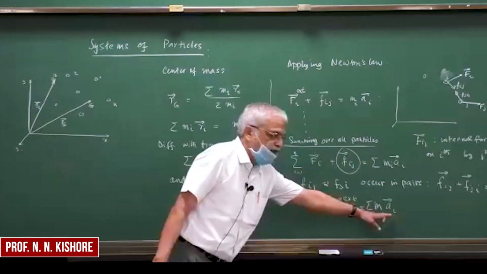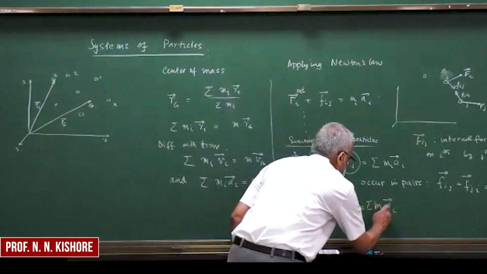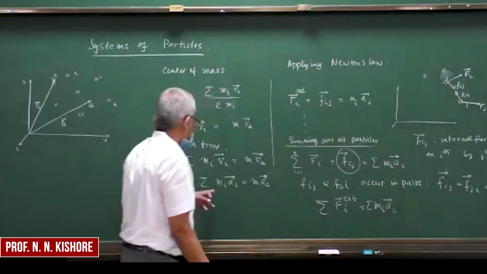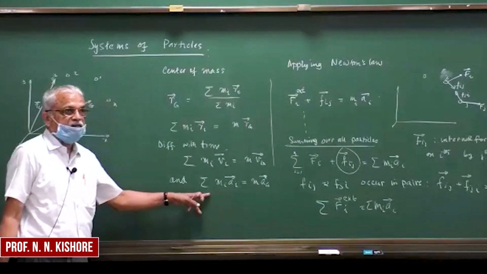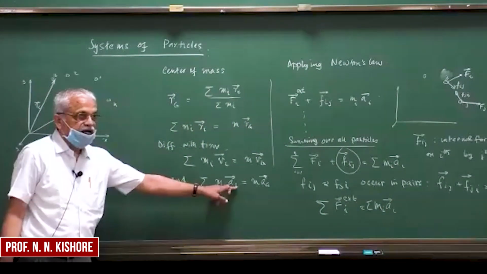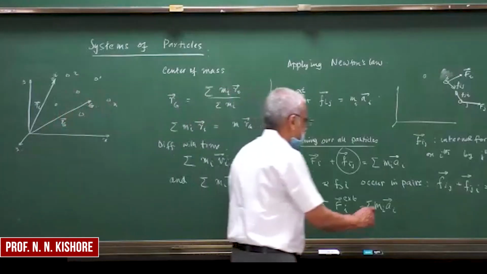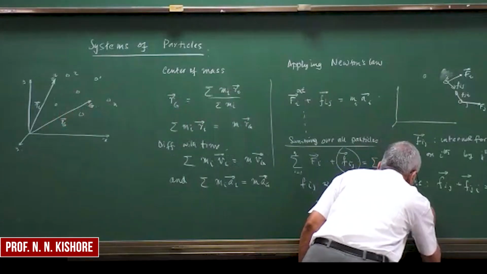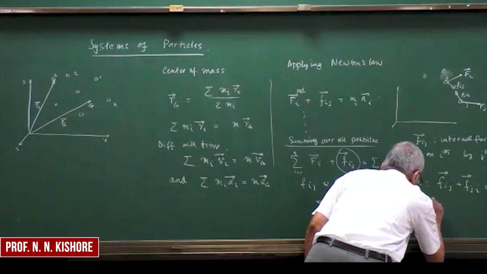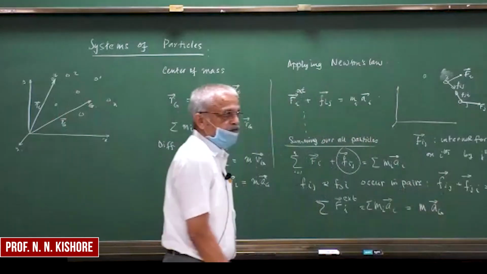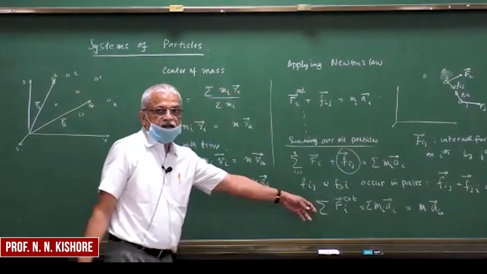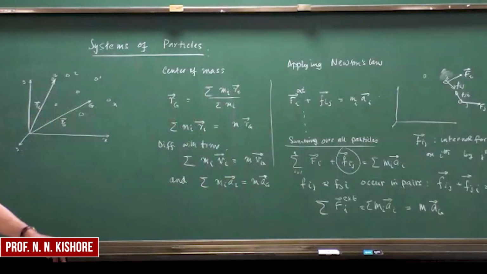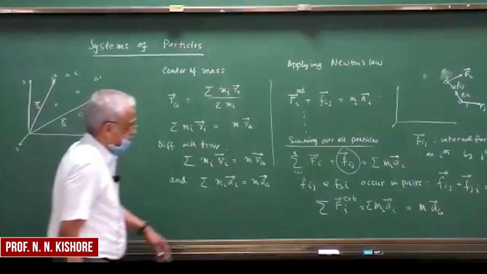And this sigma Mi times Ai, if you look at the definition of the center of mass, is nothing but the total mass times A. This is a very important observation here.